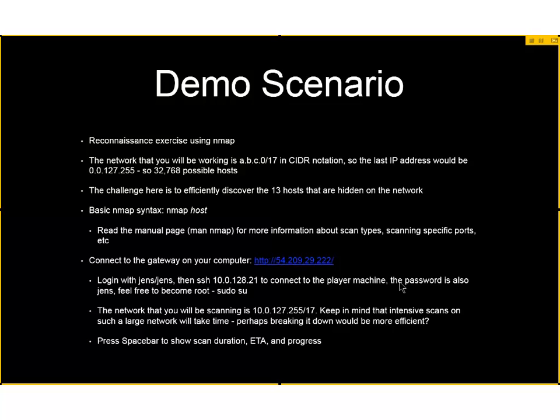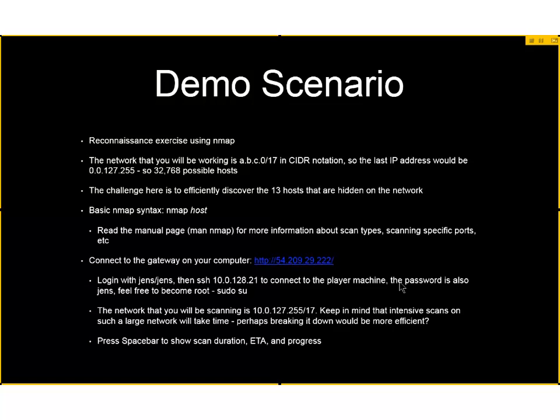Exactly. And so the goal is to efficiently use Nmap to do this. If you have experience with Nmap, it might not be that complicated. If you have no experience, my advice is to start small and scan some of the smaller networks that might be available, like a /24 network, a subnet of this larger network.